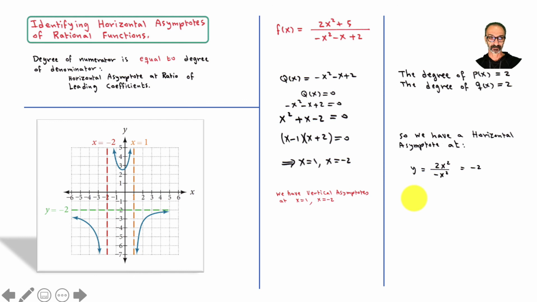Here's a graph to support. We have vertical asymptotes at 1 and negative 2, and we have a horizontal asymptote at the leading coefficients ratio, which is y equals negative 2.